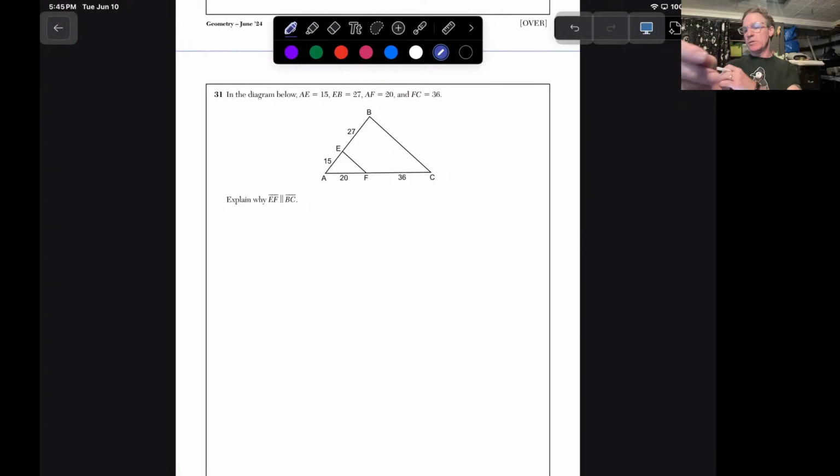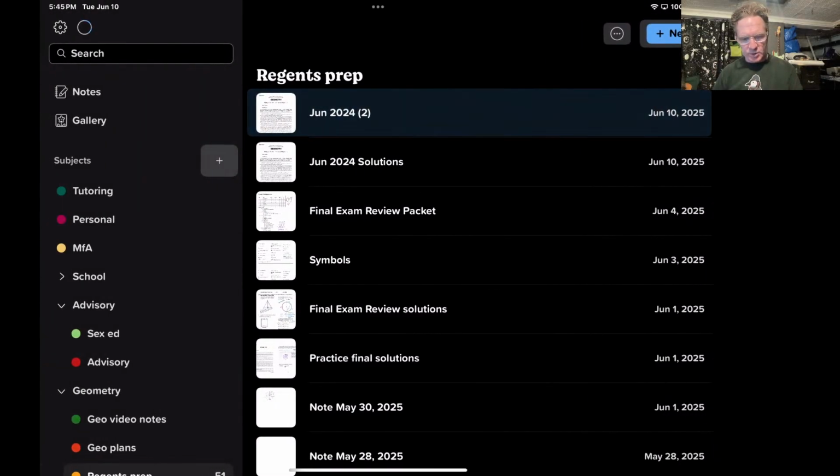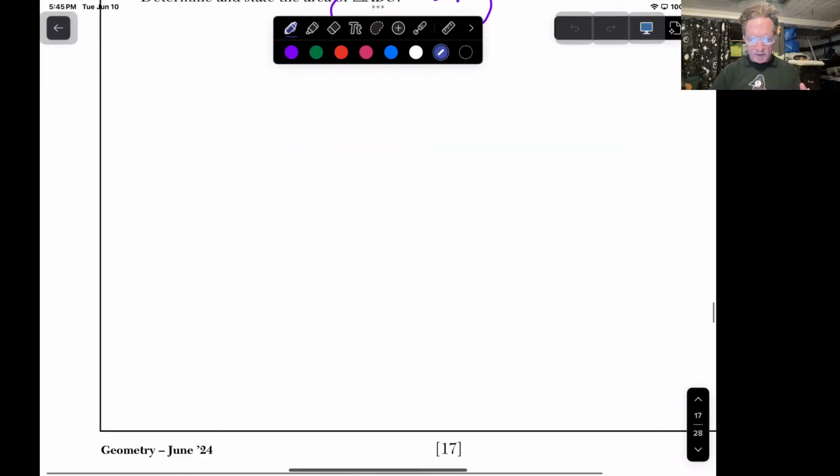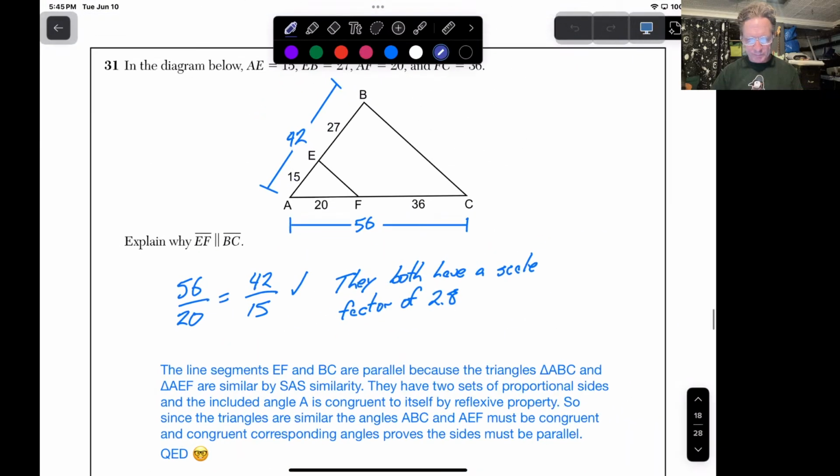There probably will be a proof or 2, I don't know. You can do it in 2 formats. Here they're not saying prove, so it seems like you can write it in sentences. I looked at the solution guide, and some people just wrote that the triangles were dilated, and they got most of the credit. Let me show you my solution.